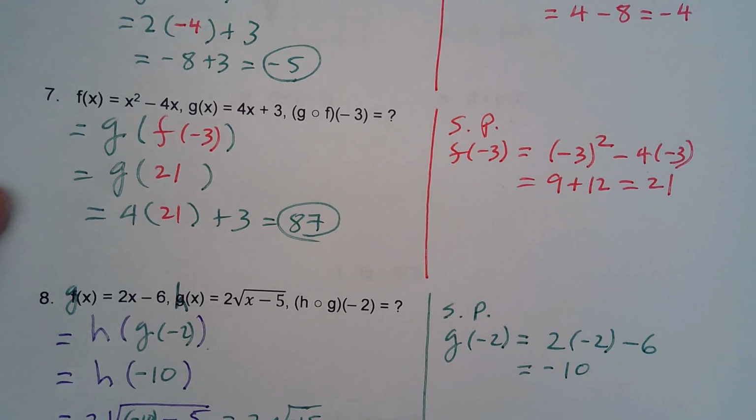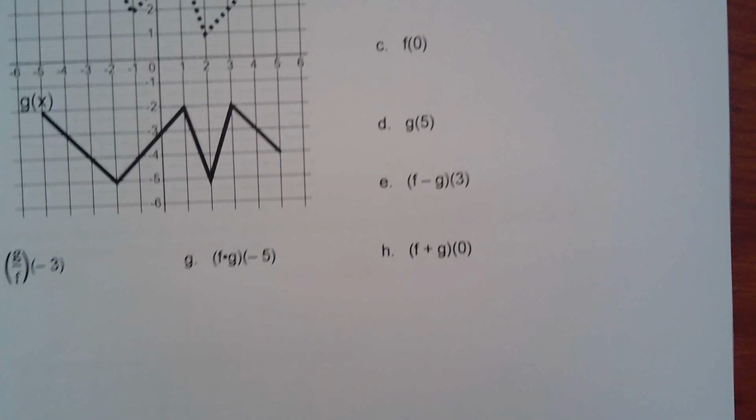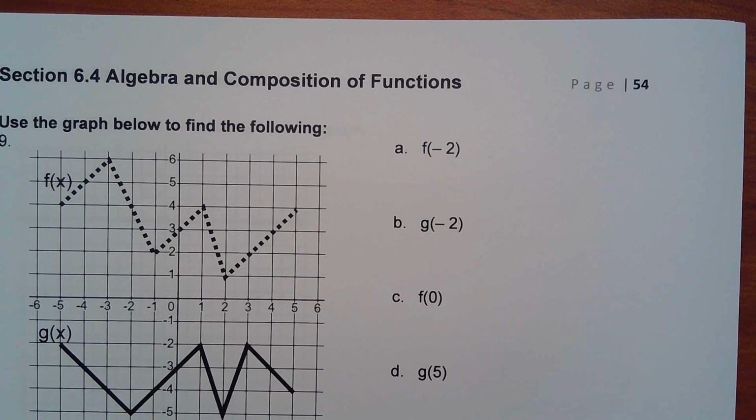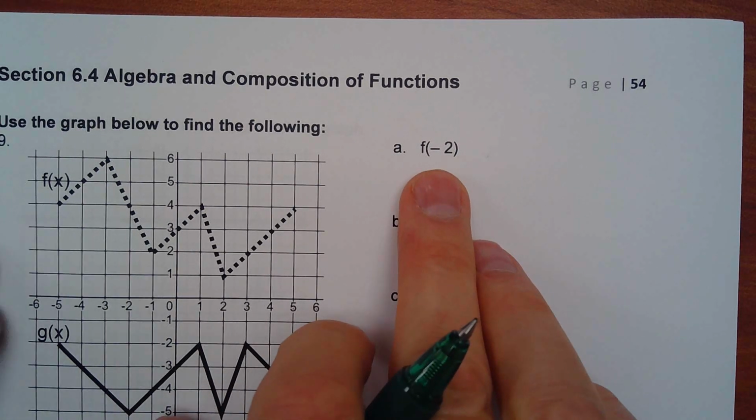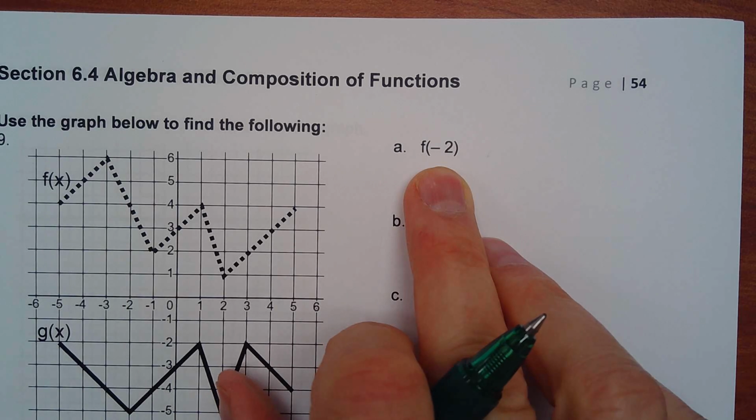Let's go ahead and turn the page. And we've got some more graphs. So this time my F graph is the dashed line, the G graph is the solid line. So let's go ahead and work this out. So I'm looking at f of negative 2. And again, let's just think about what this means.